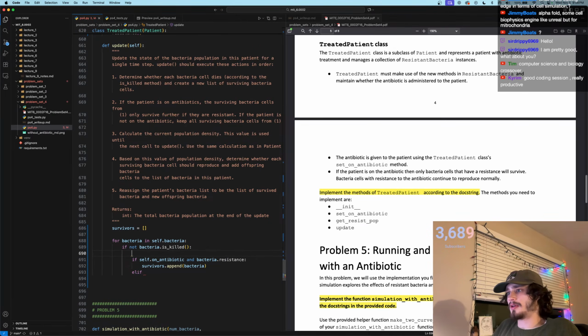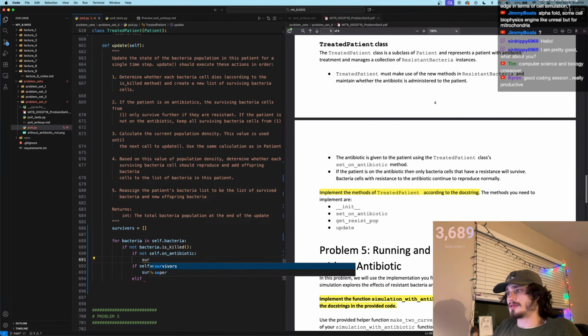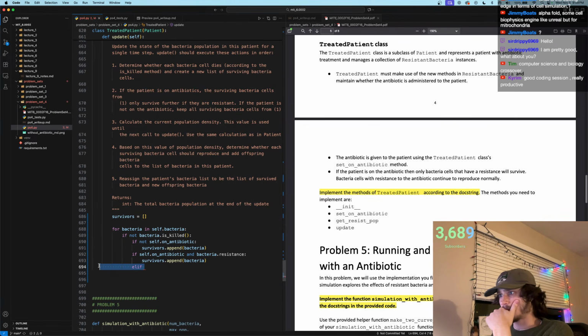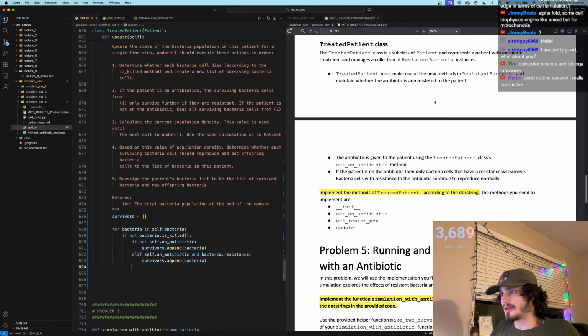So we'll say if not self.on_antibiotic, survivors.append bacteria. Elif, if you're not on antibiotics, then you append the bacteria. If you're on antibiotics and there's resistance, you also append the bacteria.